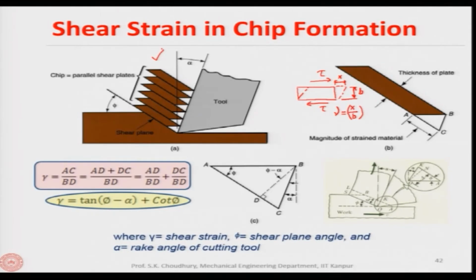Now, here what you can see is that this is the movement which is equivalent to the x that we have shown, and the distance between the two layers will be perpendicular to this line and this line. Therefore, if we draw this triangle, this triangle will be given as this.